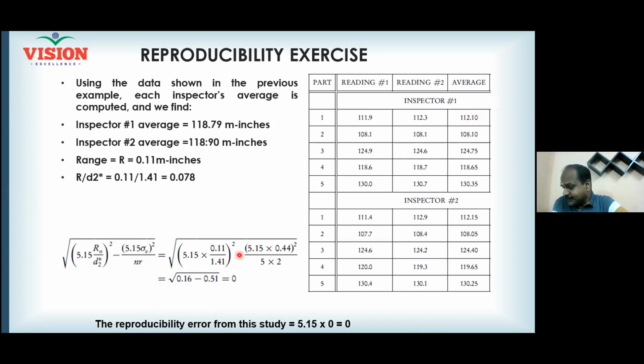So when I substitute that value, the amount to be subtracted is more than the reproducibility error, indicating that reproducibility error is very, very negligible here. Negative error is not possible, isn't it? And so reproducibility error in this case is considered to be 0. The total error is repeatability only.